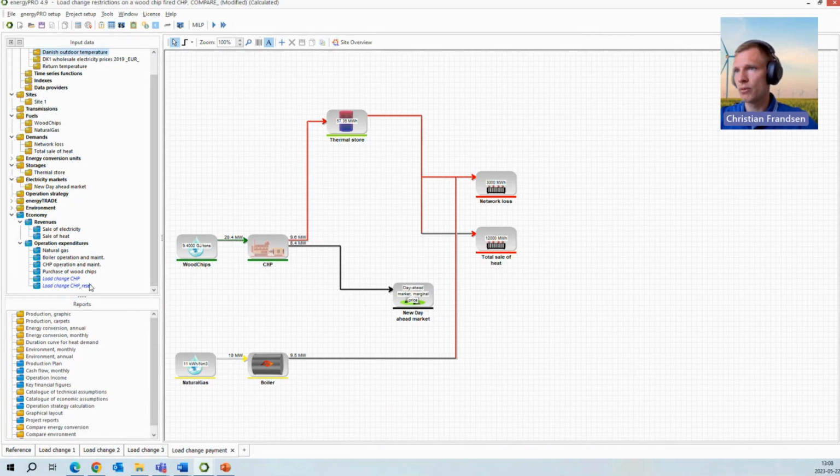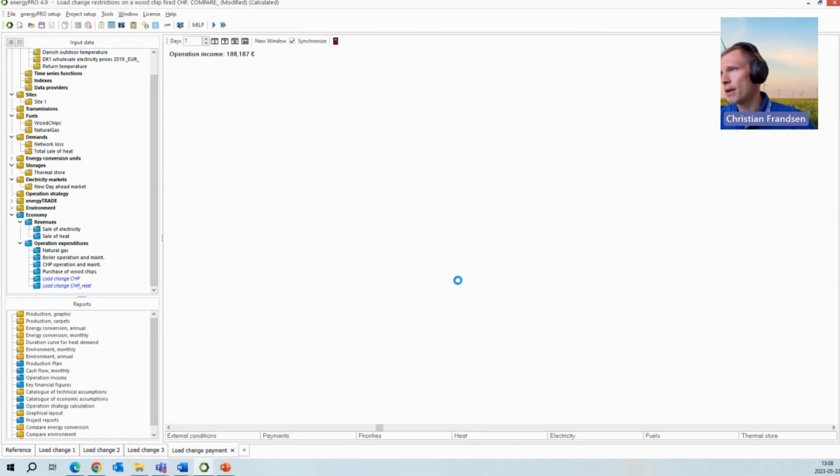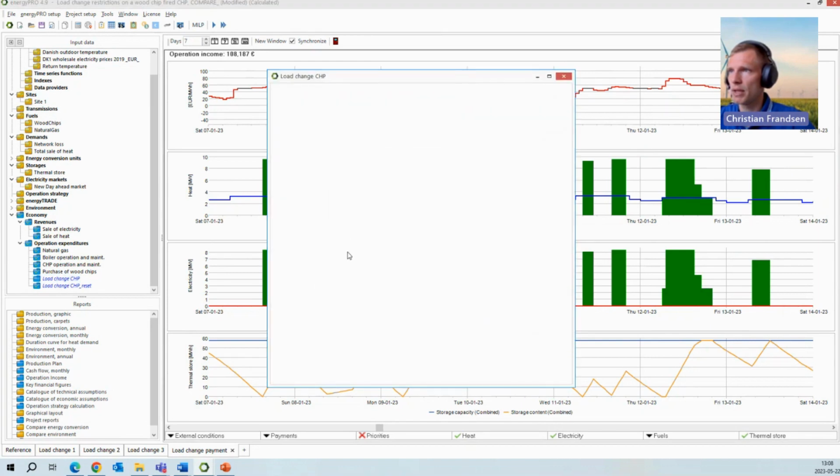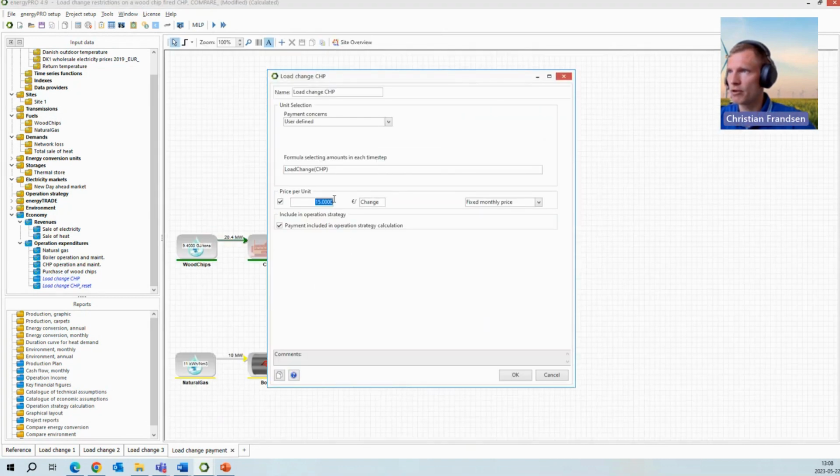What we could also do, if we imagine that the cost of changing the load, instead of having a constant value, could also have a value that changes over time. So this payment does not need to be a constant.